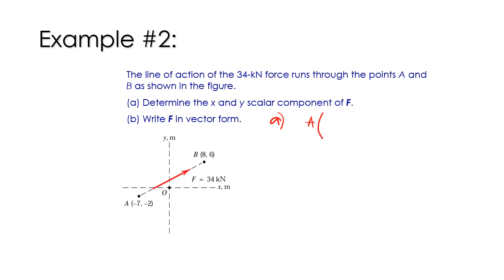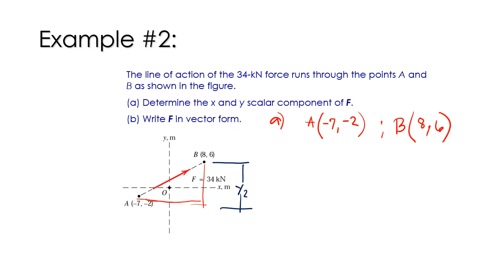The coordinates of A is equal to -7 and -2, while the coordinates of B is equal to 8 and 6. So if we draw a line from A to B, we can form a triangle like this. Then this length is equivalent to our y2 minus y1.